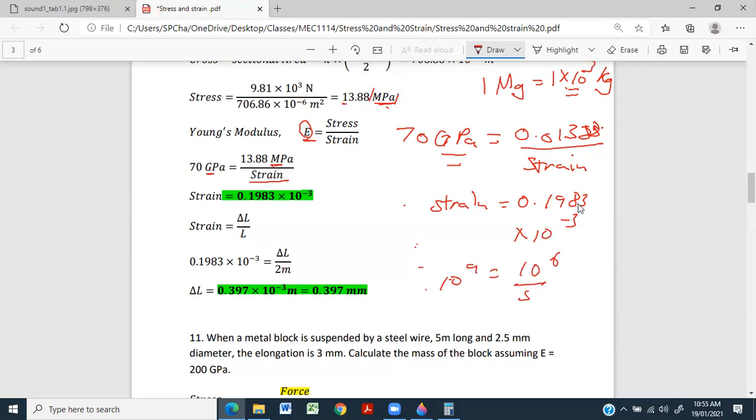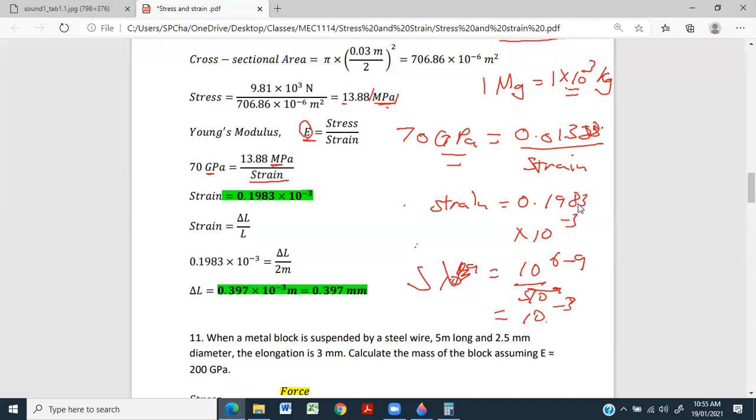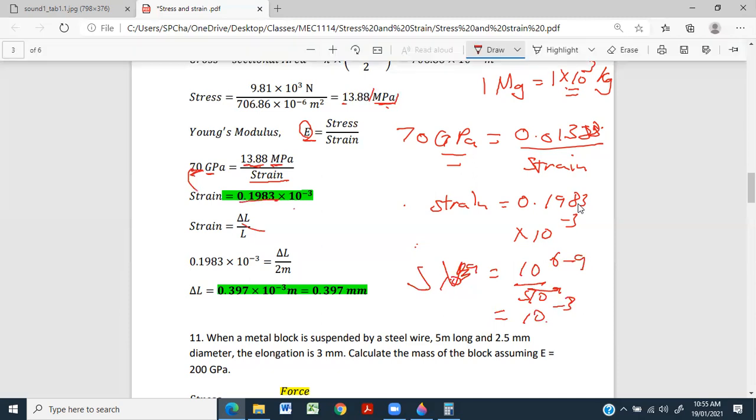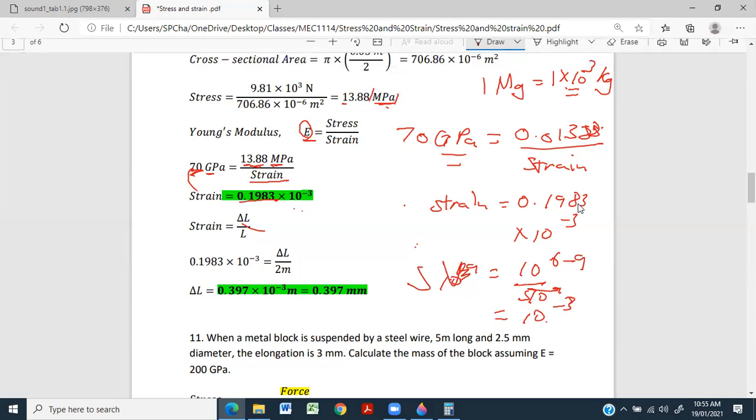Carry strain over here, take 10 to the 9 here. So when we move this 10 to the 9 up, this would be minus 9. So it's 10 to the minus 3, managing our exponents. When we divide these two, the units cancel out, and that gives us this 10 to the minus 3 as strain.